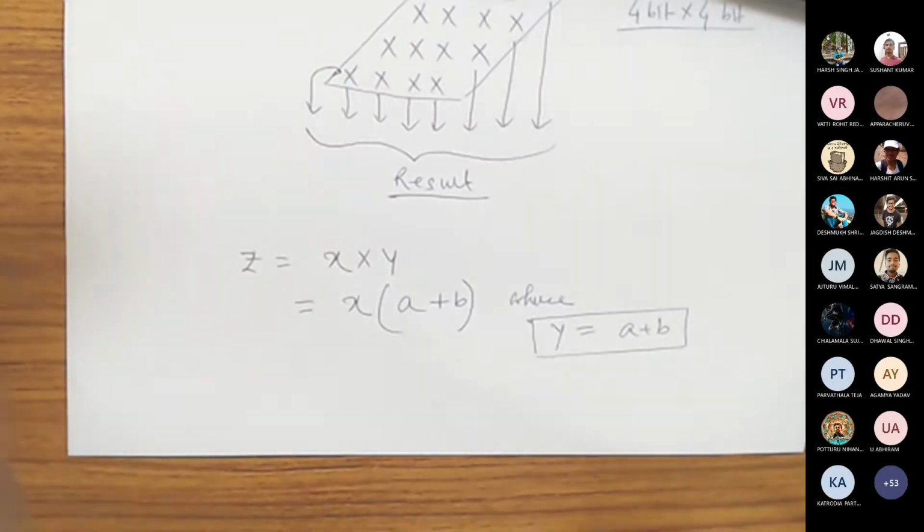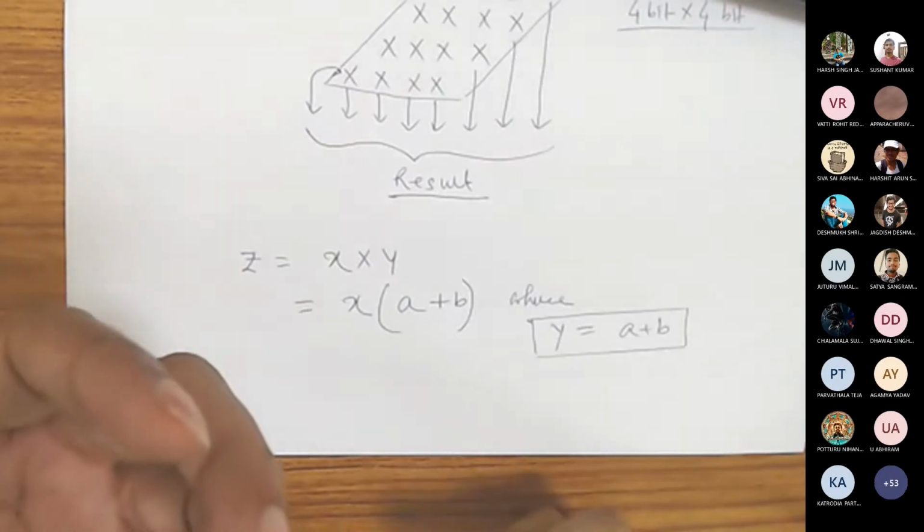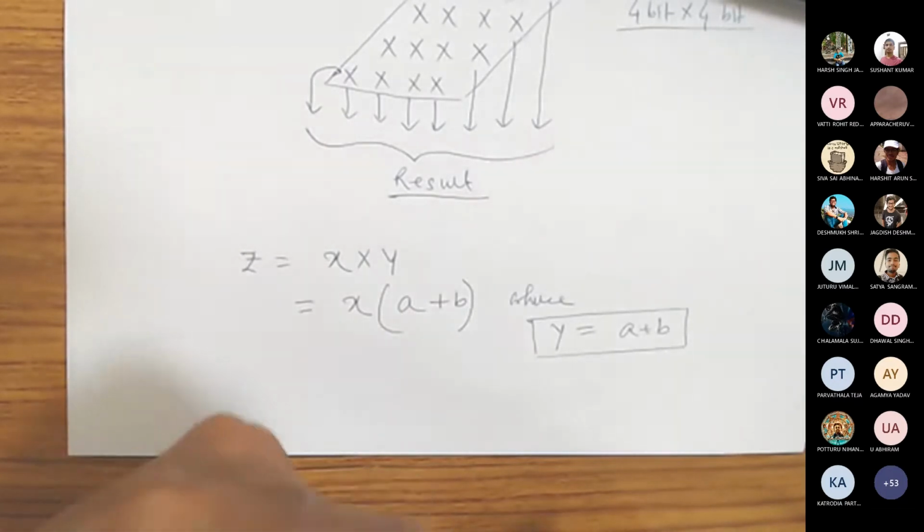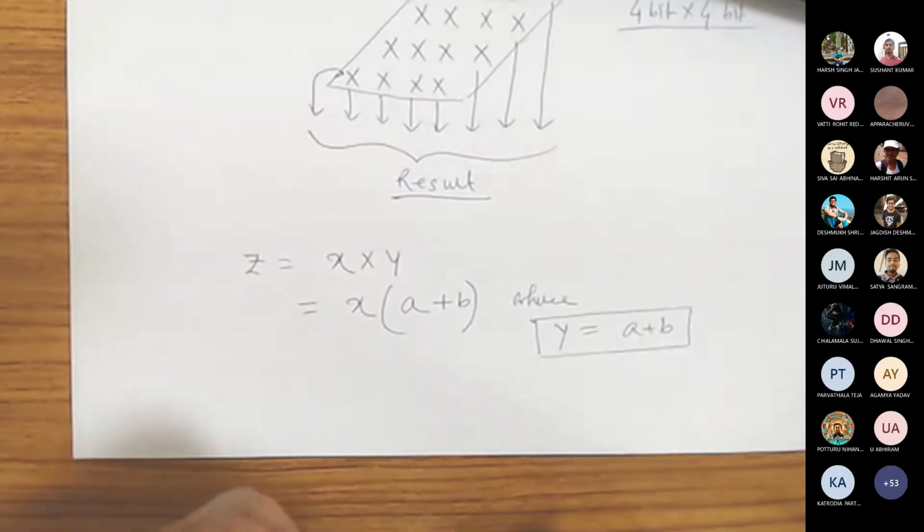It may not be as large as n, but it will be large. And if the value of n is small, log n will be small. So that means the output will be produced depending on the size of the input. And that is what we do not want.